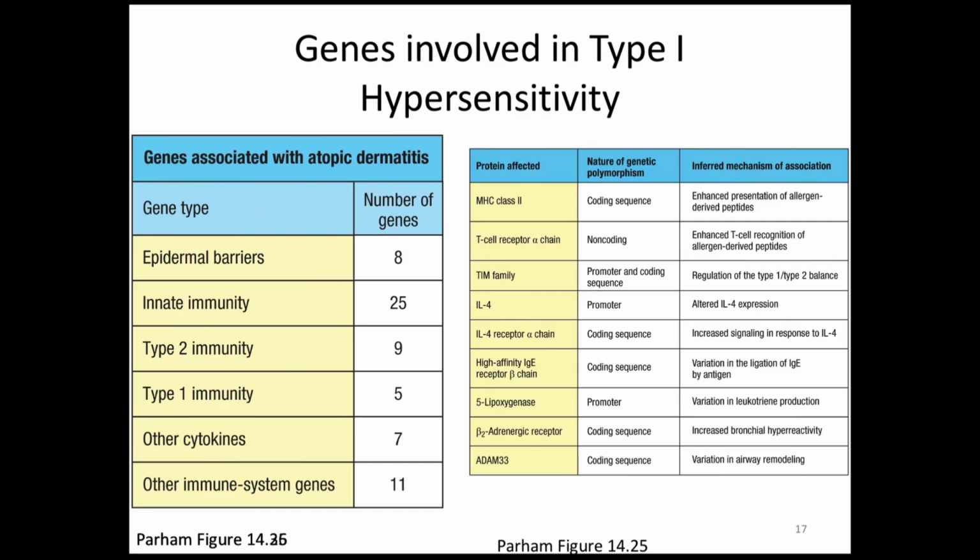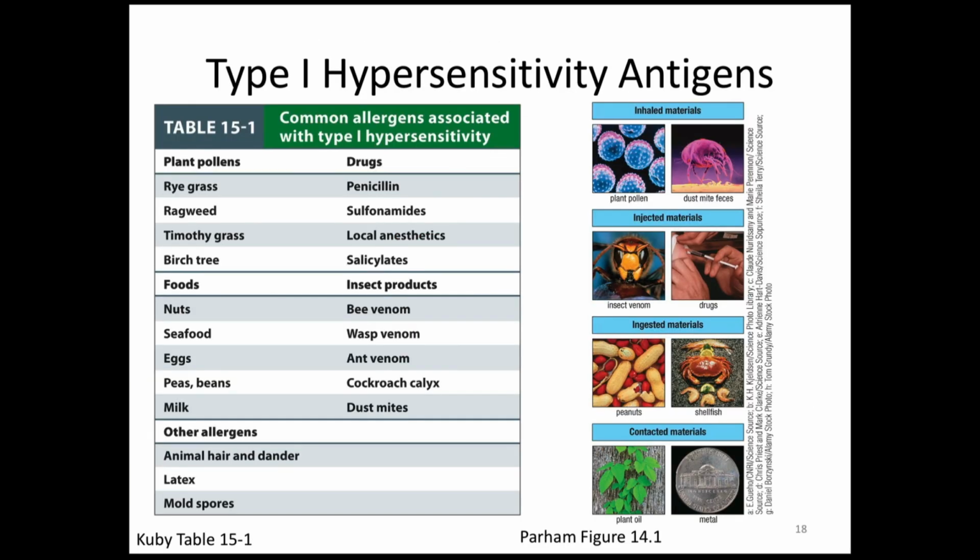All right, the one thing we haven't really talked about with type 1 hypersensitivity here is what antigen is involved. This slide has some examples of type 1 hypersensitivity antigens.